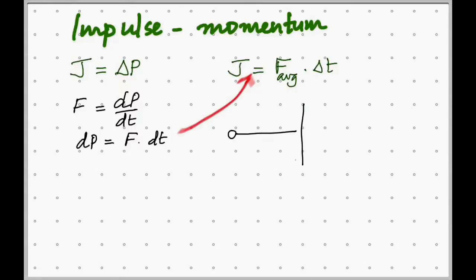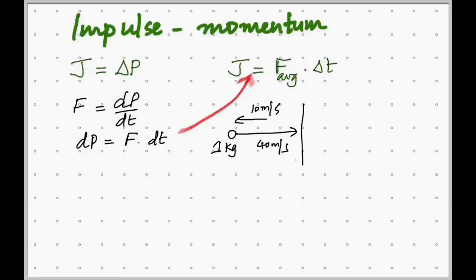If an object is moving this way at 40 meters per second and it's hit straight back at 10 meters per second and the mass is 1 kilogram, find the change in momentum. A 1 kilogram object, something, I don't know, maybe a heavy ball, is moving at 40 meters per second, it's hit straight back at 10 meters per second, find the change in momentum.